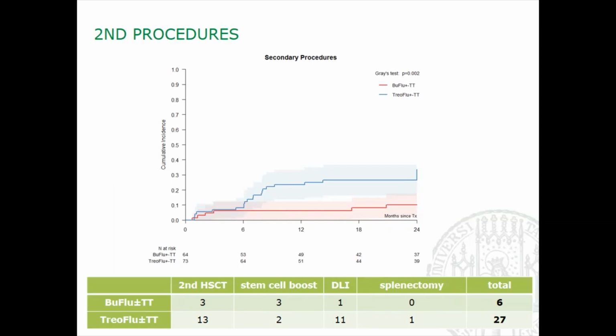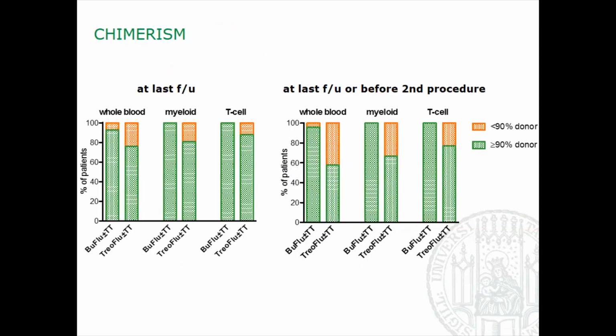So meaning that while both regimens result in the same overall correction of the disease, sometimes with triosulfan-based conditioning, it seems that there is a higher probability of mixed chimerism, and thus a higher probability that you would need a second procedure of some kind.